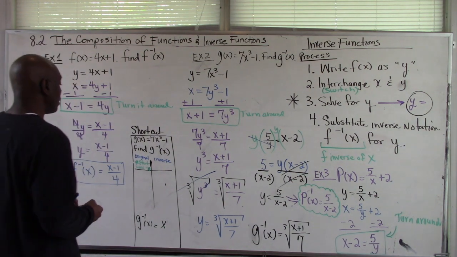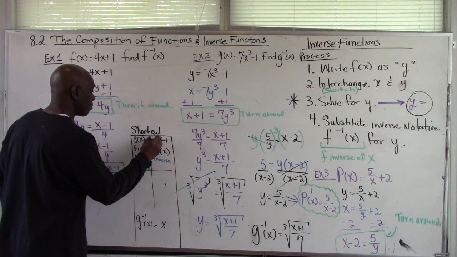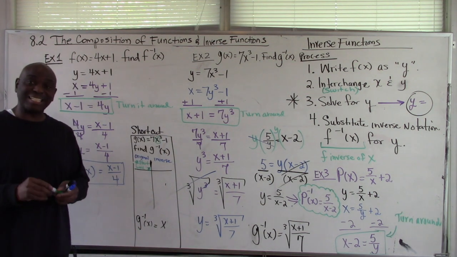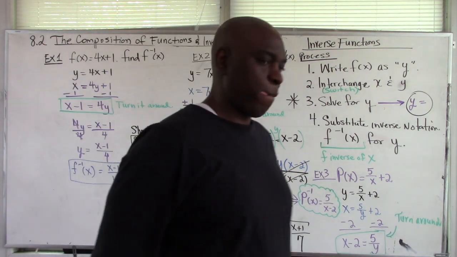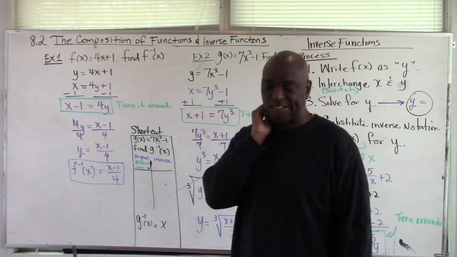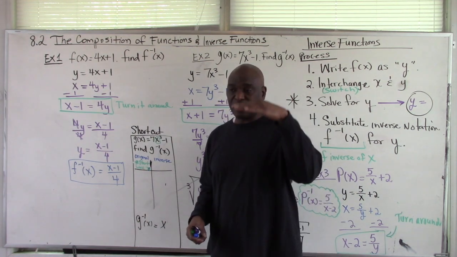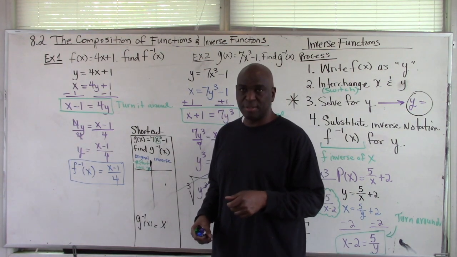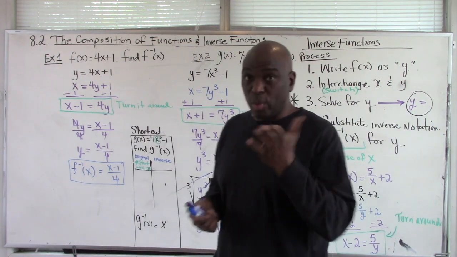Okay, but the green says start with x. Here's my x right here. Notice I did not circle the cube. I only circled x. It's about x. And so I'm going to list now everything that's happening to x, starting from inside out. What happened to x?